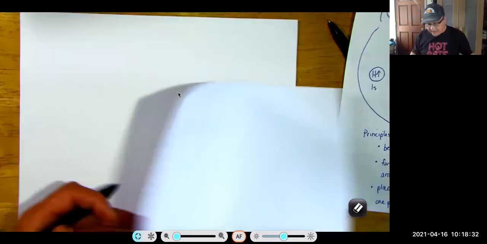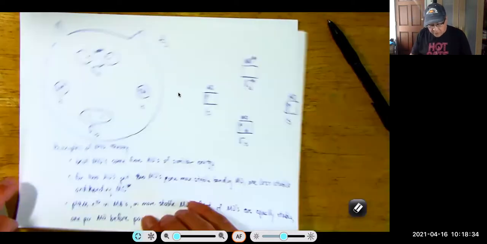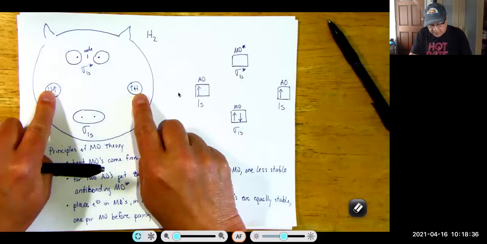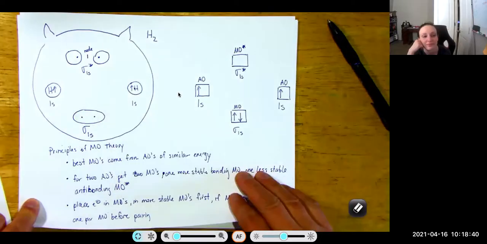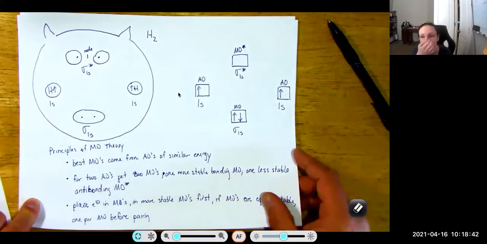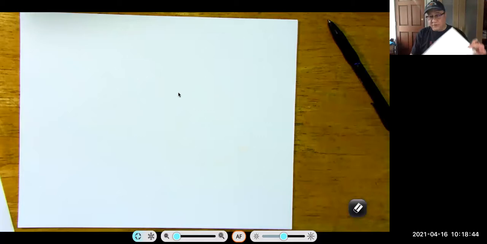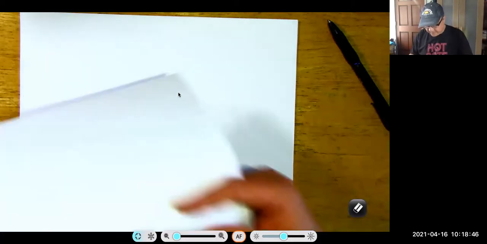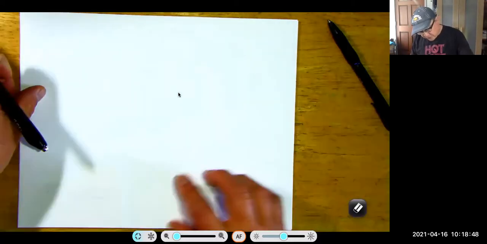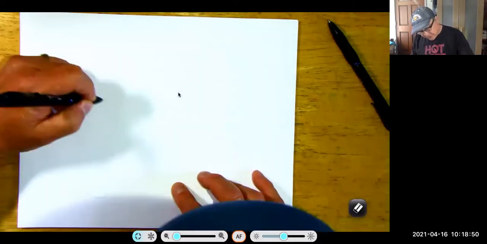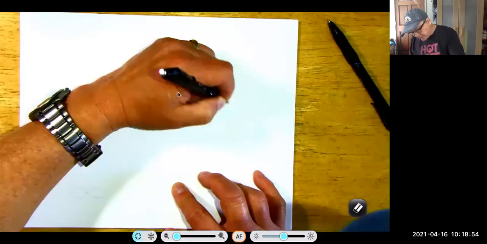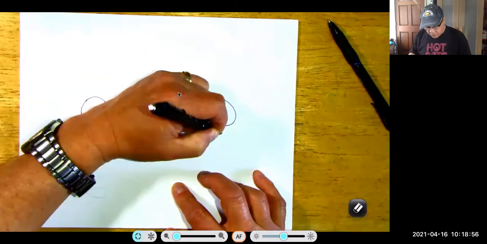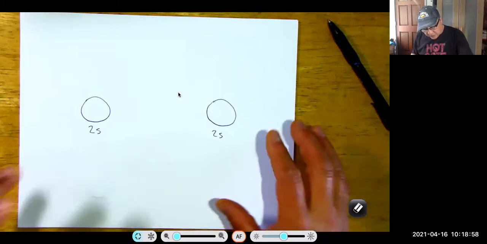Do you see what I did here where I took the orbital and I drew the MOs? Yeah. Well, I'm going to do that for the 2px, but I'm also going to do it for the 2s. So here's a 2s, and these are AOs, right?